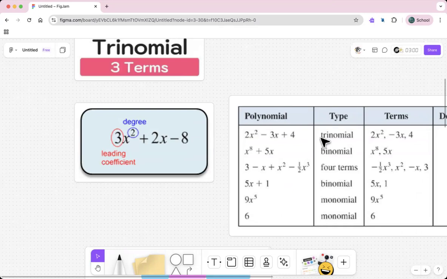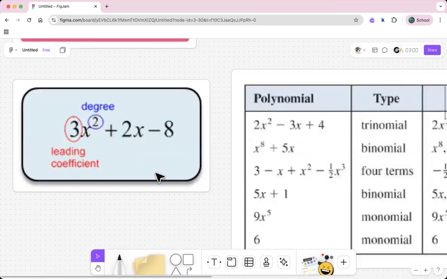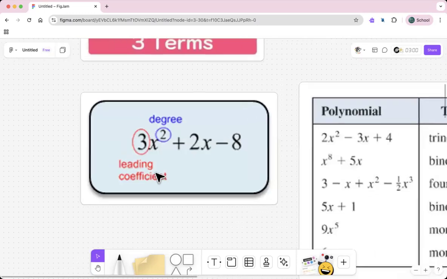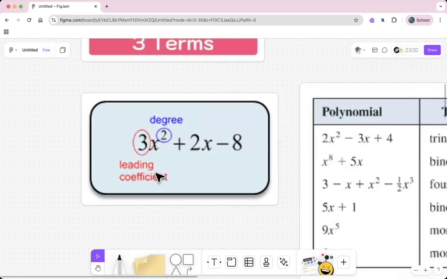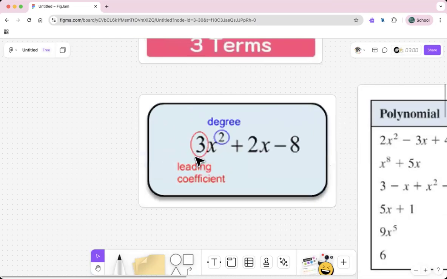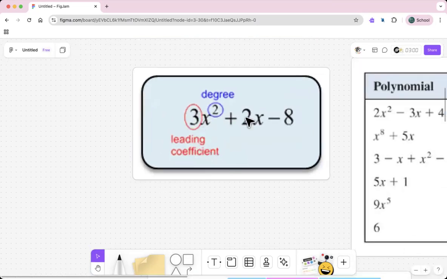The next component that we're going to talk about is the degree of a polynomial. Polynomial means multiple terms. Now, I know this particular polynomial is a trinomial. I have 1, 2, 3 terms, 3x squared plus 2x minus 8. Now, if the question is asking you to identify the degree of your polynomial function, you're always going to take the degree of your leading coefficient, or the term that has the highest power.